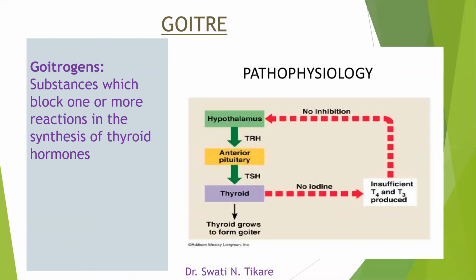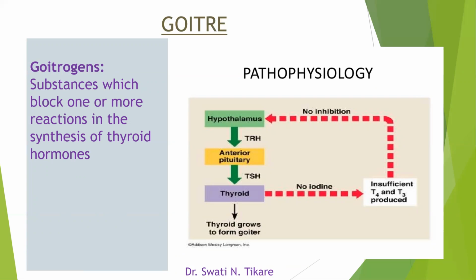So what is the pathophysiology? What is the relation of the presence of a goiter or an enlarged thyroid to this? We already defined a goitrogen as any substance which will bring a block in the formation of the thyroid hormones. So ultimately, the thyroid hormones are deficient. Okay?